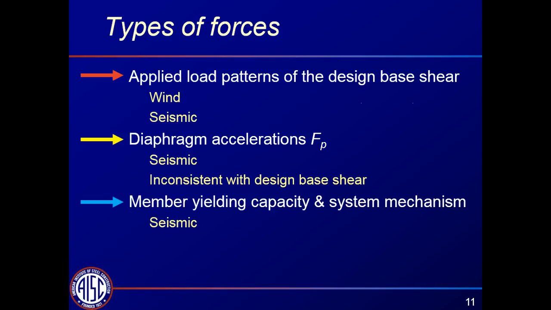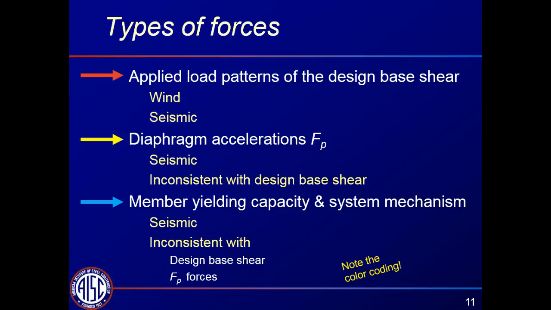We also have, for our higher R systems, our special concentrically braced frames, eccentrically braced frames, buckling restrained braced frames, a requirement to design the connection based on the yielding of the so-called fuse member of that system. So that introduces a new set of forces which are inconsistent both with the applied forces that give us the design base shear, and with the diaphragm forces F sub P, and so those have to be reconciled as well.